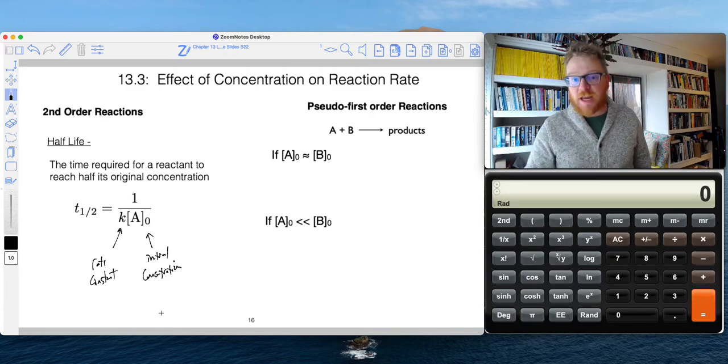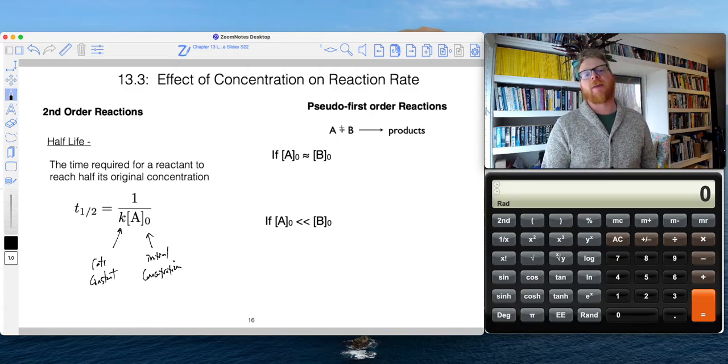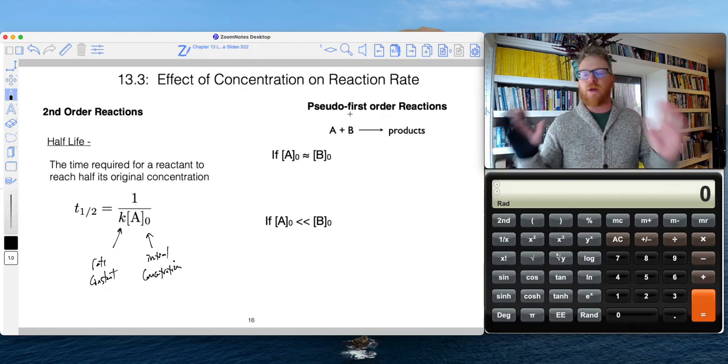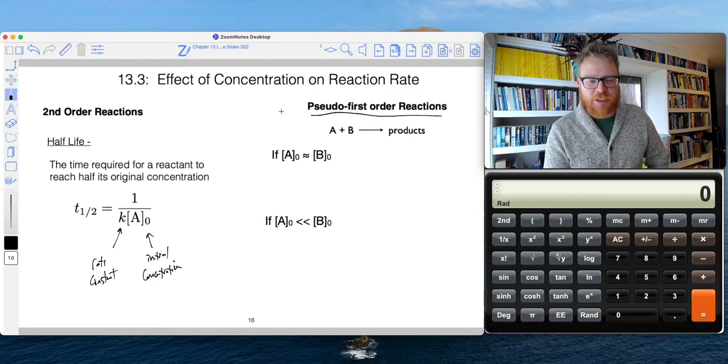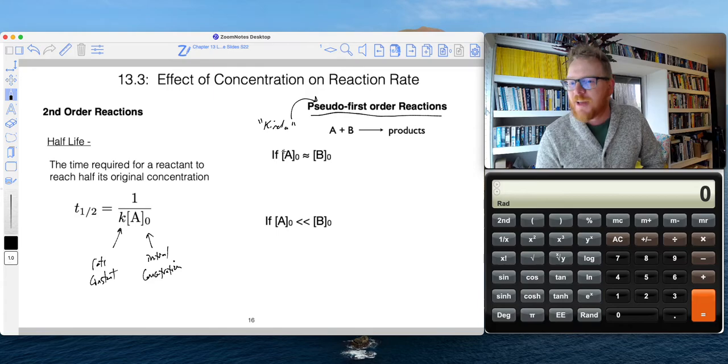So there's another type of reaction that I want to talk about that kind of falls somewhere between this first and second order, and that is called a pseudo first order reaction, where pseudo, the simplest definition I can give you for that word is that it means kind of a first order reaction, okay?